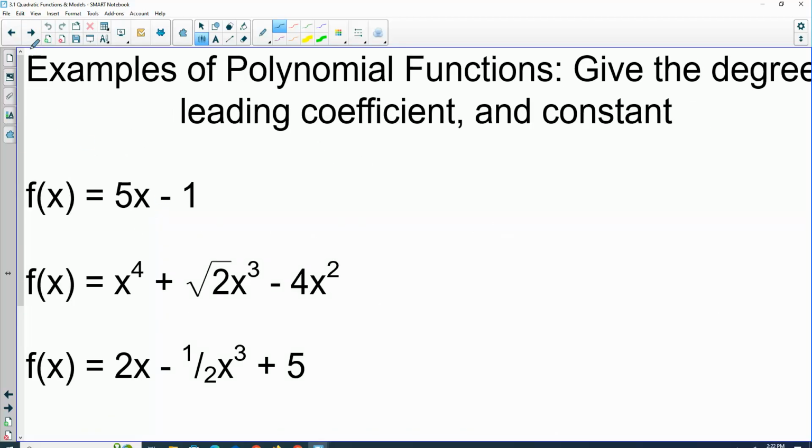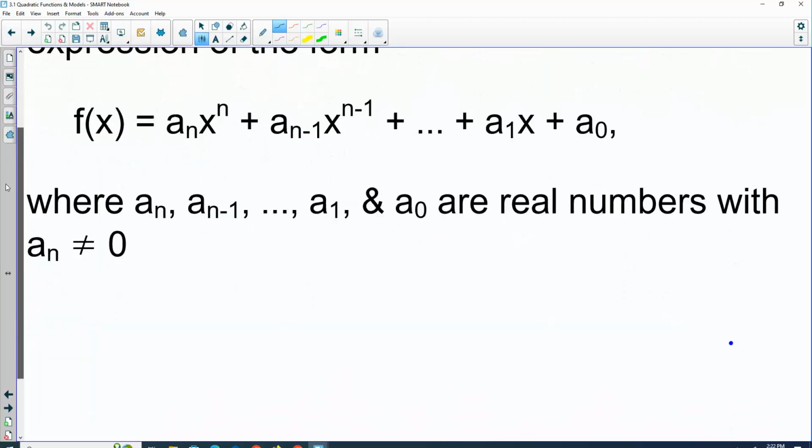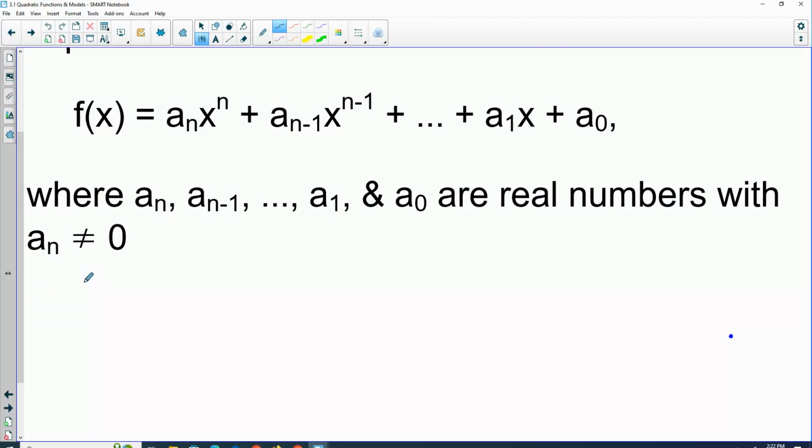When we're talking about that, there is some terminology that goes along with it. The degree, like I already mentioned, is just your highest power. In this particular scenario, it was the n.